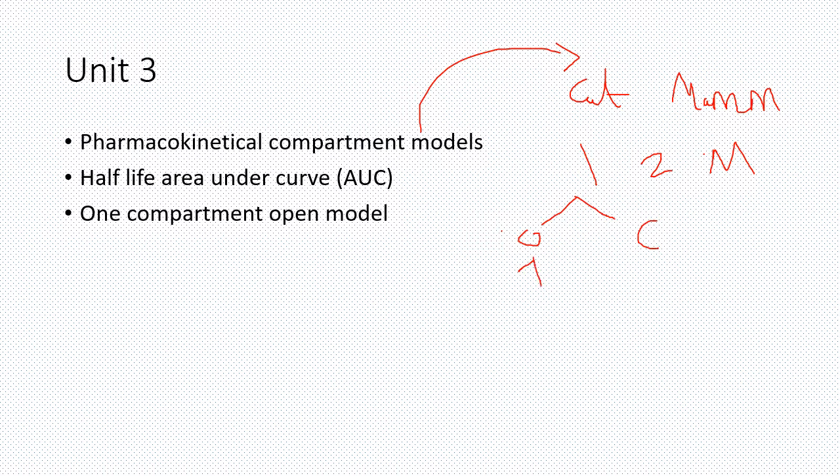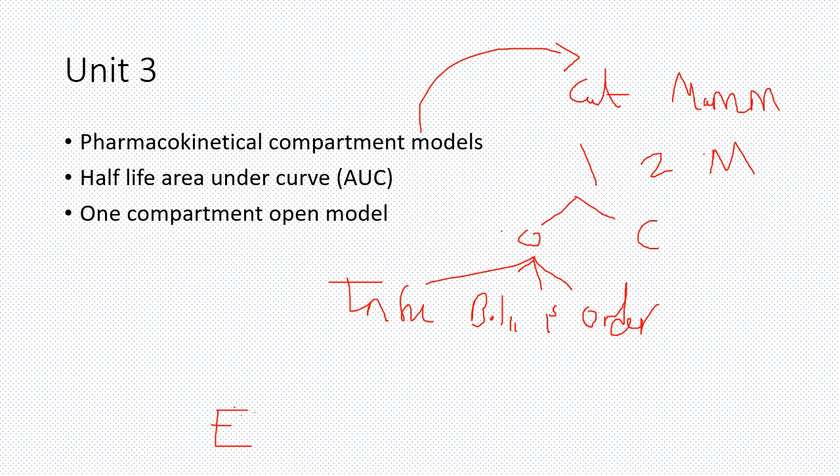In the open model, again you might have IV infusion, IV bolus, first order absorption, second order, zero order absorption. Always remember that elimination is first order. It can never be zero, it can never be half, or it can never be 2. It is always first order.